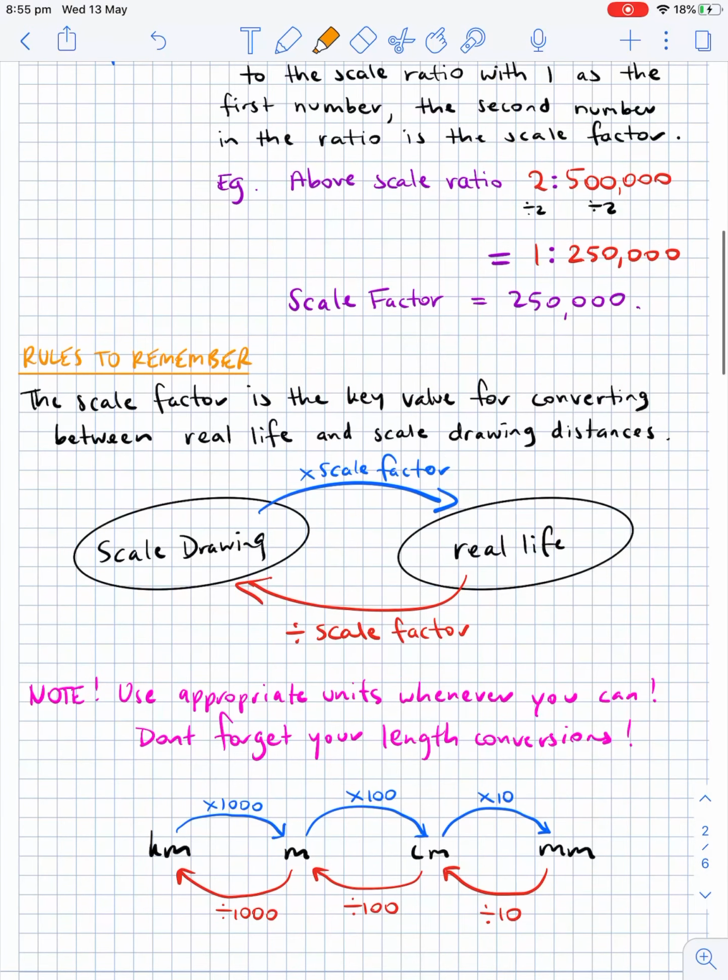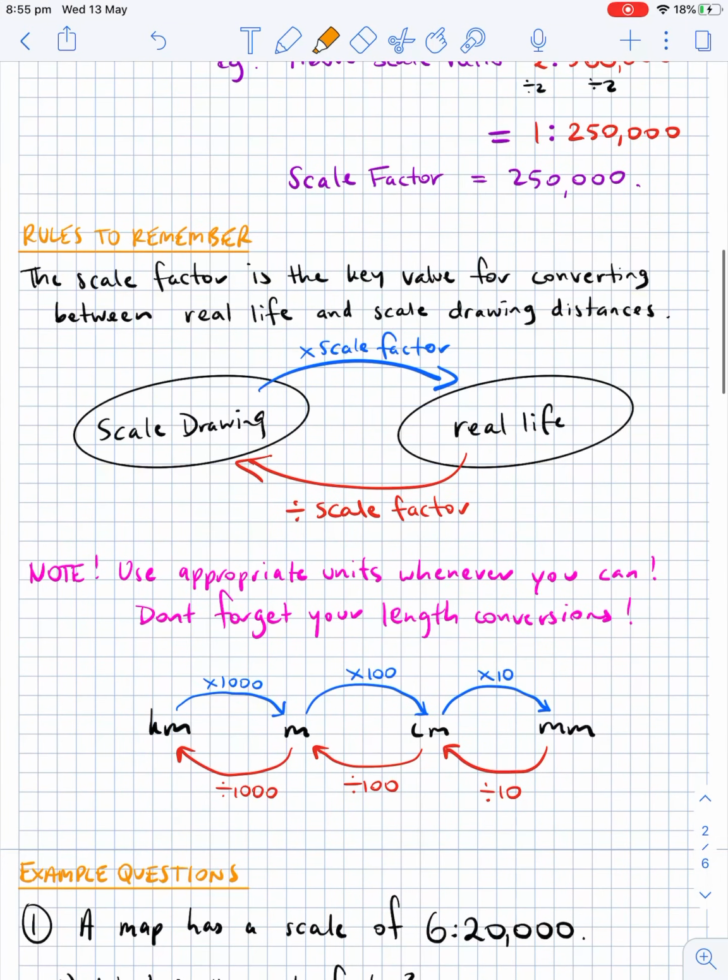Okay, so let's go through a few rules to remember. The scale factor, this number here that we found, is the key value for converting between real life and scale drawing distances. So really important to remember this concept.